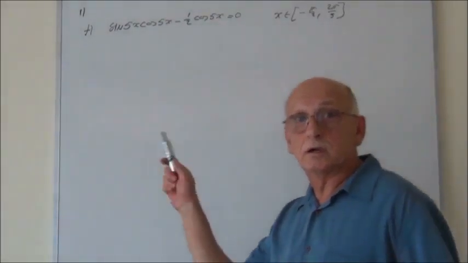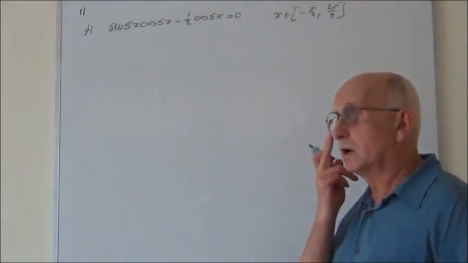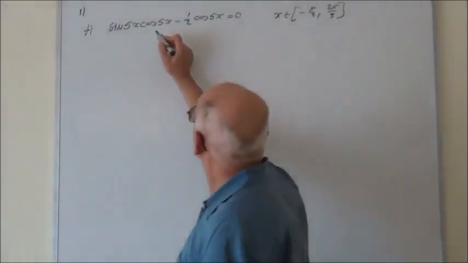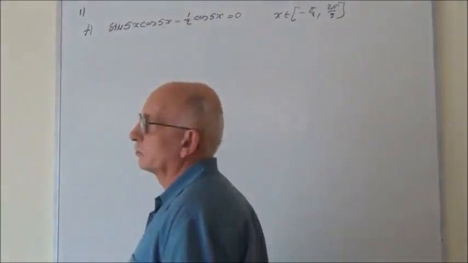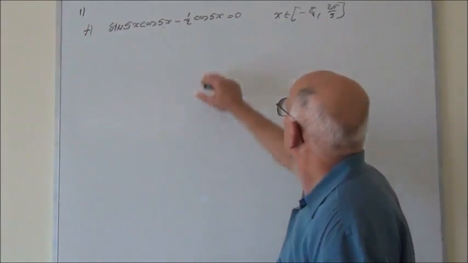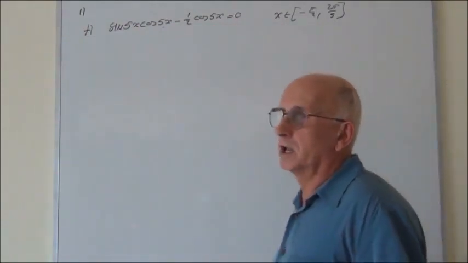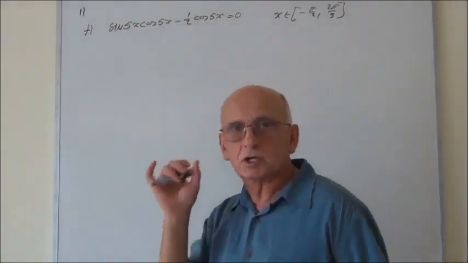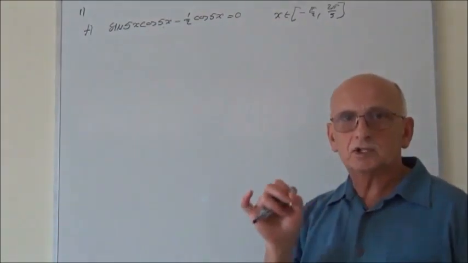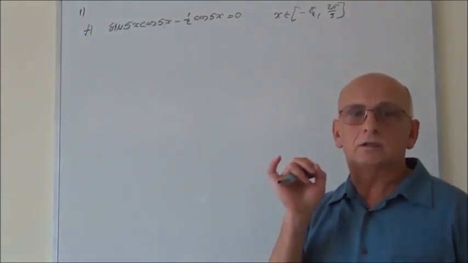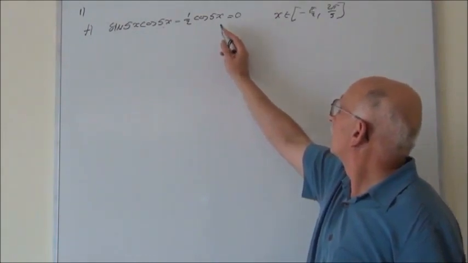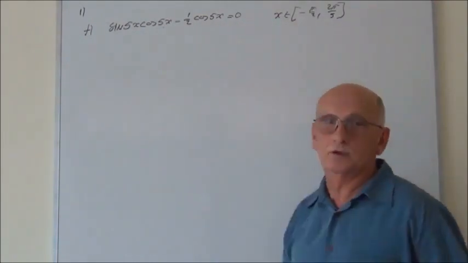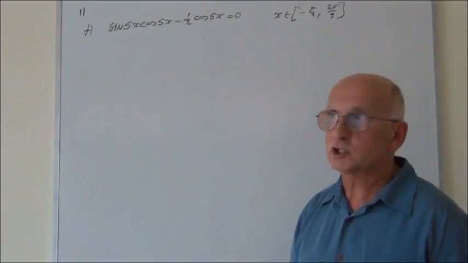Similar equation to the last two that we did, but I see there is some difference, because here we have a product of those two and cosine here. And if you remember from last session, we said that in this equation we can't divide by cos 5x, if you move this to the other side to divide to get tangent.